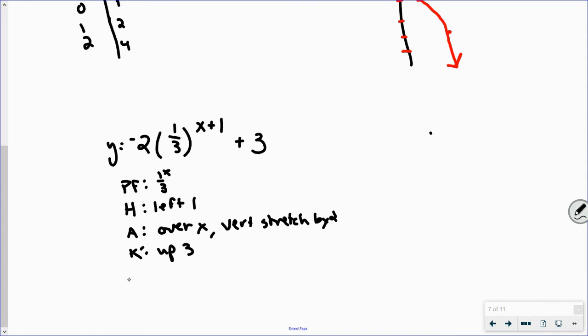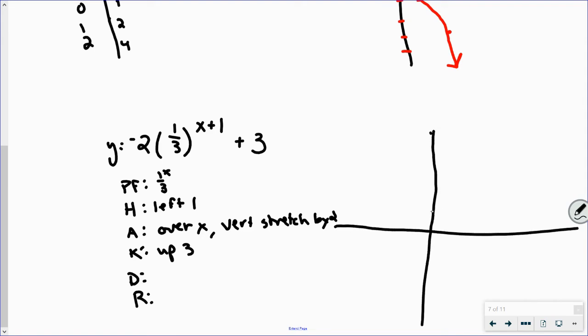So we'll do domain and range here in just a second. So if we graph our parent function first, okay, so that's -2. So our parent function here, if we do a table, -2, -1, 0, 1, 2. So 1/3 to the -2 is 9. 1/3 to the negative 1 is 3, 1, and then 1/3, 1/9.